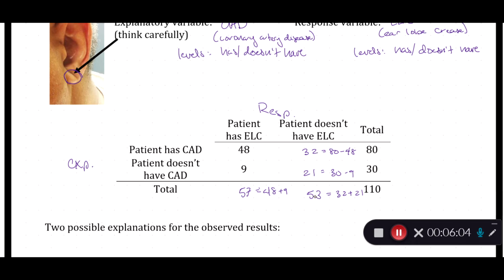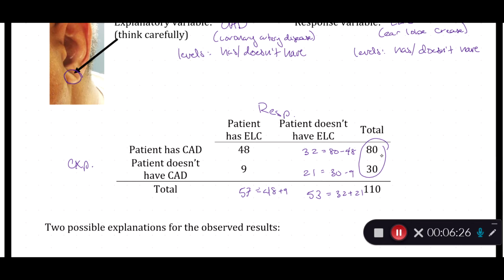I hope that you were able to get those results on your own as well. So what we don't want to do is compare these raw numbers. Remember, we're interested in the relationship between ELC and CAD, and we don't want to just look at 48 versus 9, because we can see that the overall number of patients who do and don't have CAD is very different.